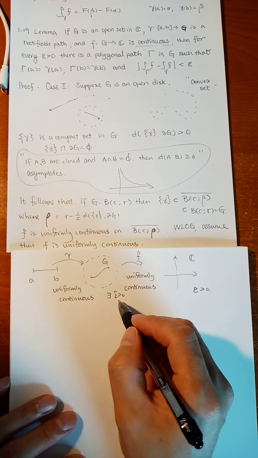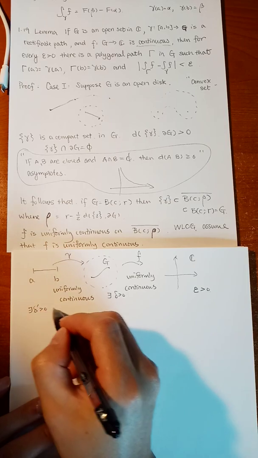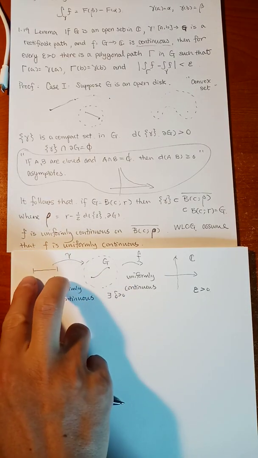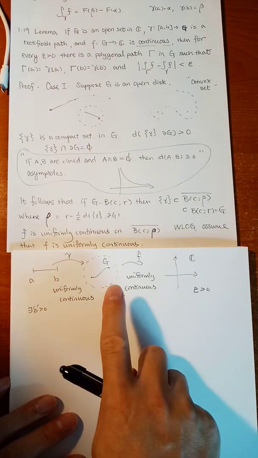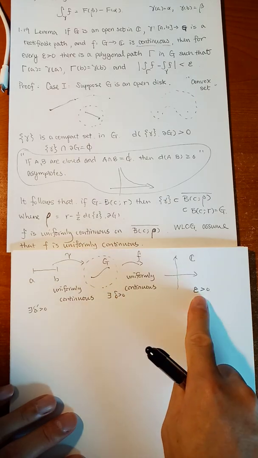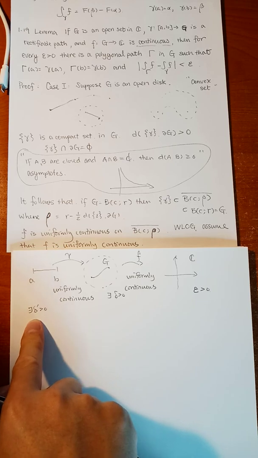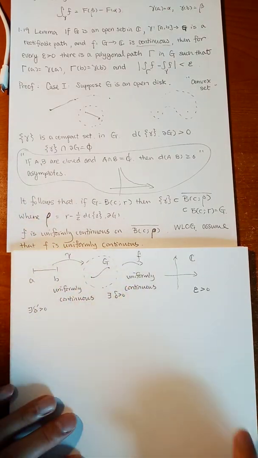There exists a delta prime greater than 0 such that whenever a pair of points has distance less than delta prime, the images of this pair of points will be less than delta. So from epsilon, you get a delta. From delta, you get a delta prime. So you have two uniformly continuous functions.